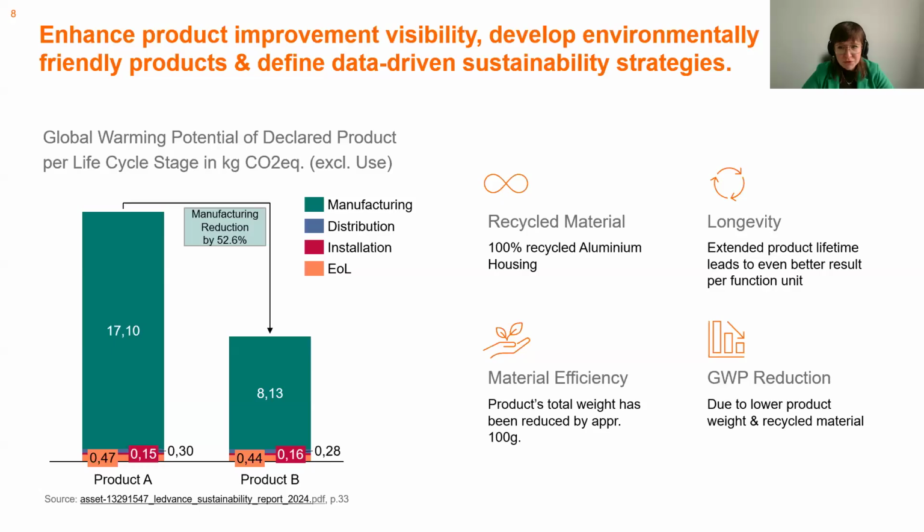To make product improvements visible, to use the data and LCA for more environmentally friendly products, and to also do data-driven product development and define data-driven sustainability strategies by using and comparing our own products.